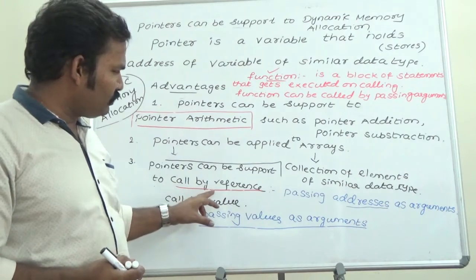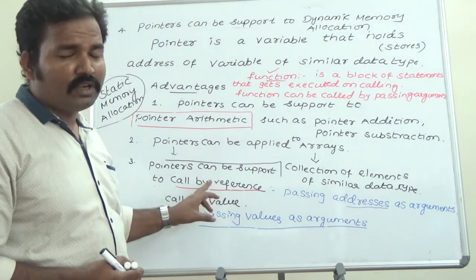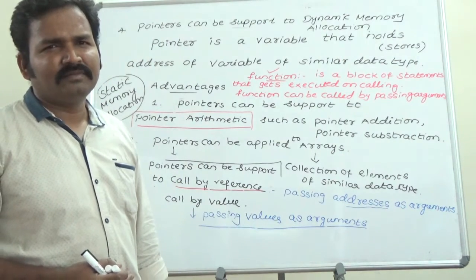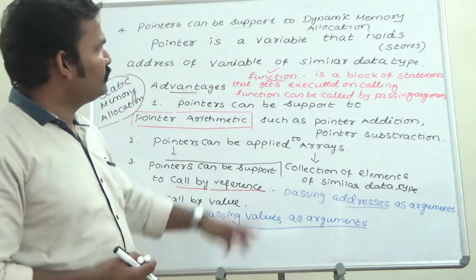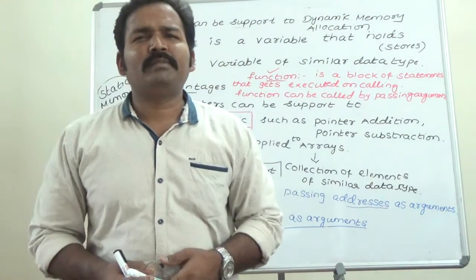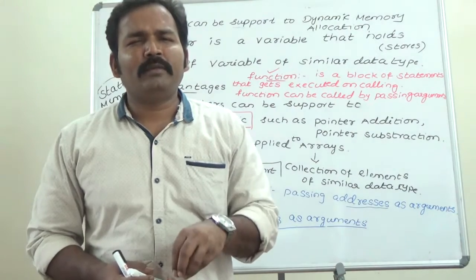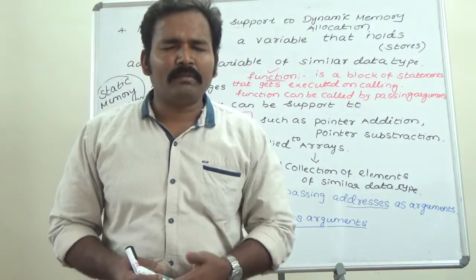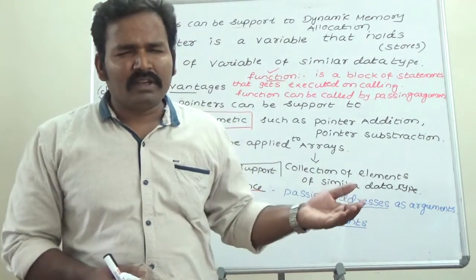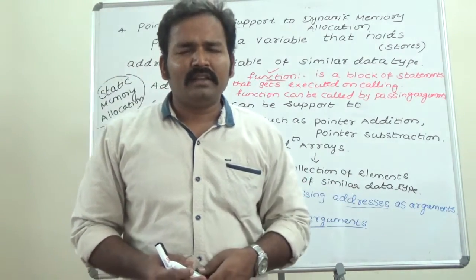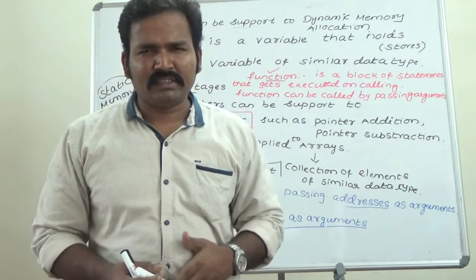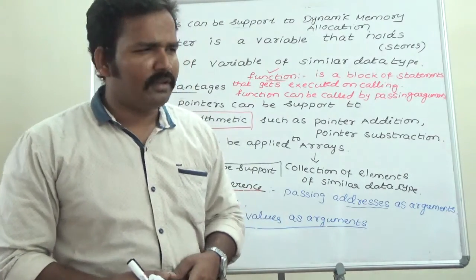Pointers support call by reference, which means passing addresses as arguments. Pointers support dynamic memory allocation, which means allocating memory to variables at runtime using some functions, where we can increase as well as decrease the memory.